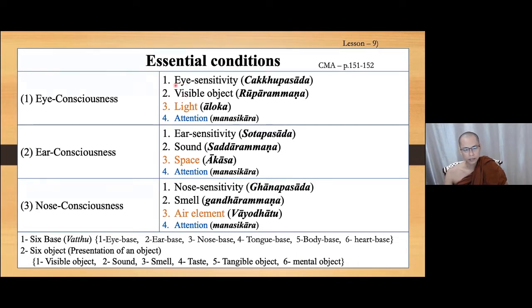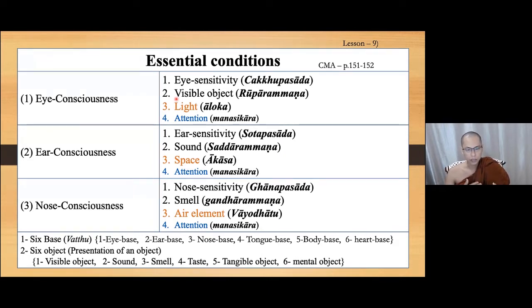Then, although the eye sensitivity and visible object come into the present, if there is no light, we cannot see. Okay, the other conditions, eye sensitivity, light, and attention are present. But if the visible form is already gone, already disappeared, we cannot see.